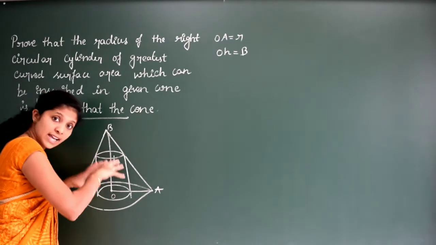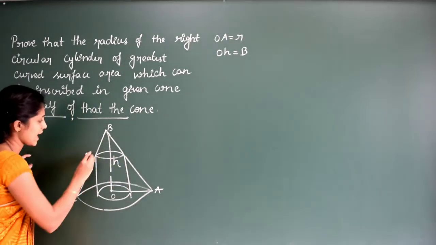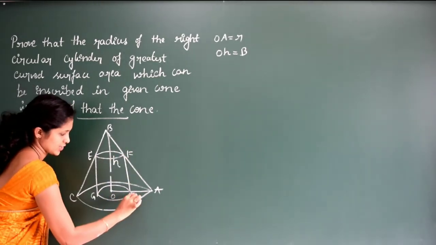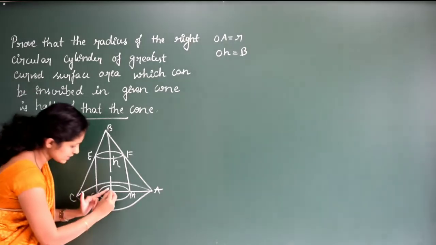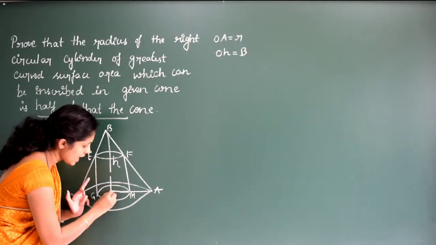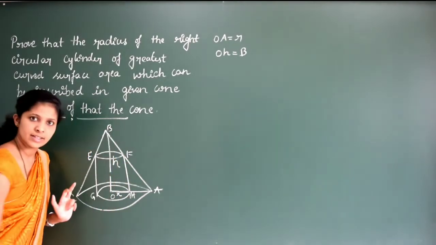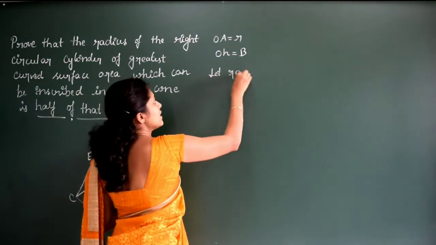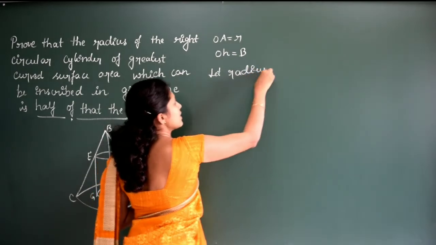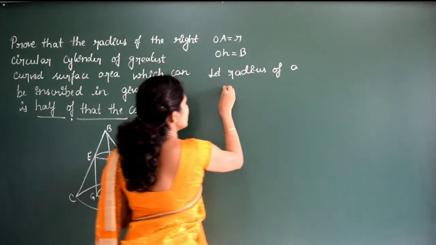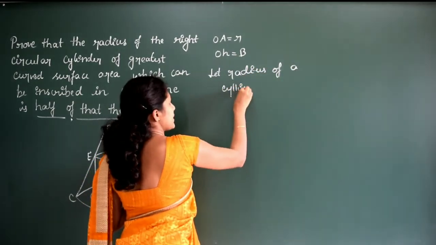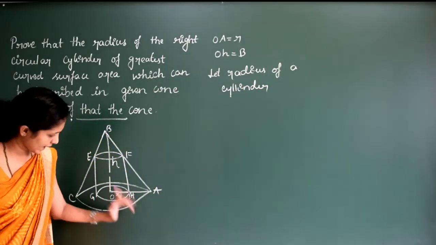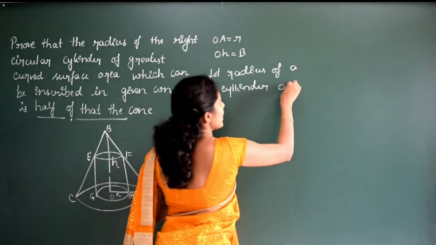Now we have placed a cylinder. We will consider this as E, F, G and H. Okay? And we will consider the radius of the cylinder as X. Is it clear? Let the radius of the cylinder, that is, the length OH, be equal to X.